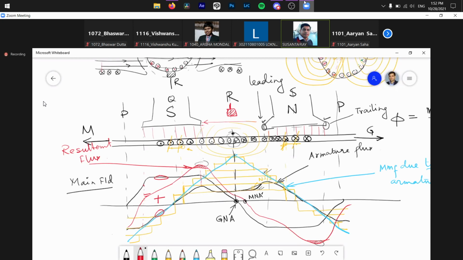Have you understood this? মানে আমি যেখানে ব্রাশটাকে বসিয়েছিলাম, where I kept the brush, I thought that the magnetic flux would be zero over there. But now after the armature reaction, a sufficient, non-zero amount of flux is present at that point. So that may create problems in the commutation. So that is another observation. Okay. Understood?